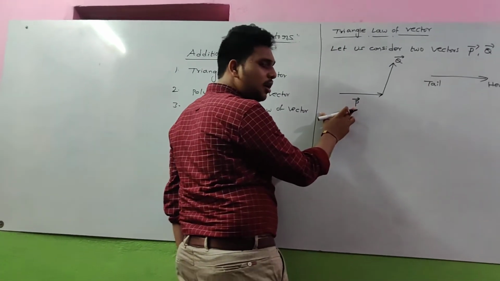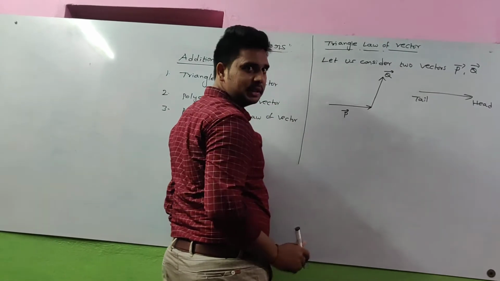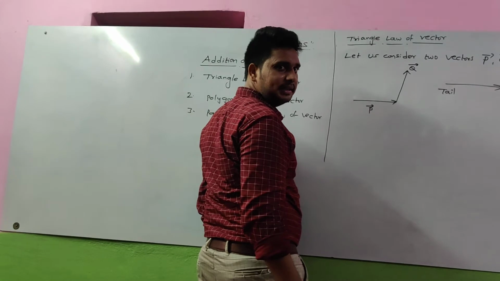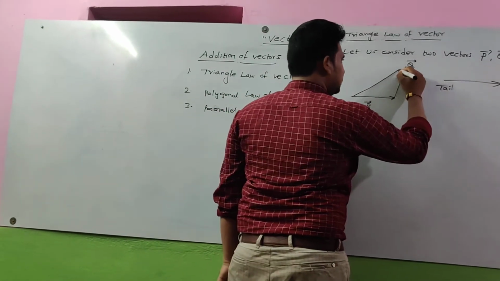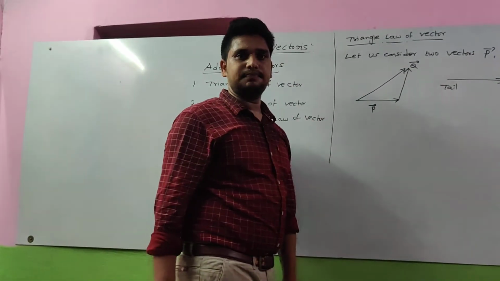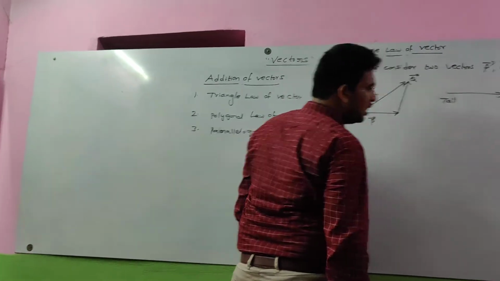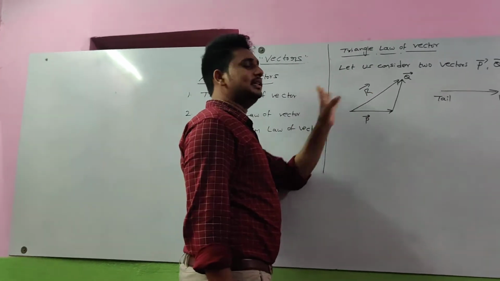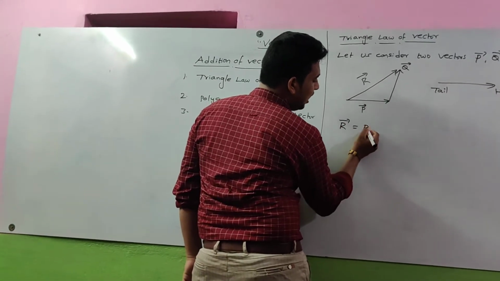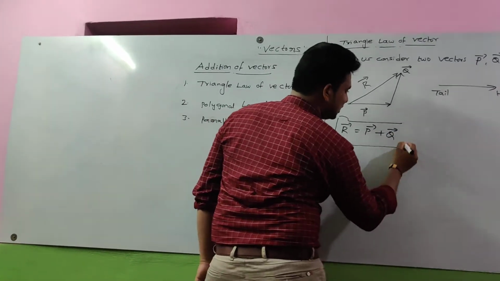The head part of P bar vector is joined to the tail part of Q bar vector. This is the addition of P bar and Q bar vector. This is nothing but the resultant of two vectors. The resultant of these two vectors is R bar. That R bar is equal to P bar plus Q bar.